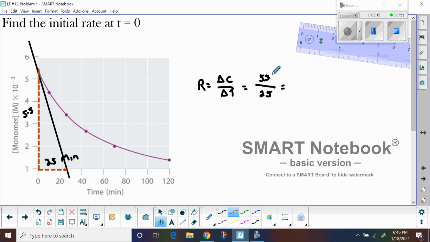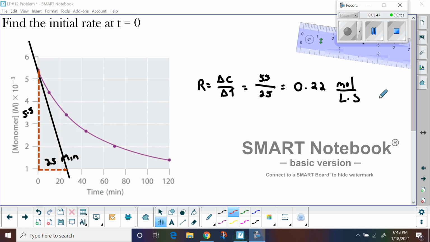It's mostly just because that's not the point I'm trying to get across. 5.5 divided by 25. I will have a rate of reaction to begin with of 0.22 moles per liter for every second. If we think back to the previous video, you'll see that that's going to be a lot faster than what we calculated the first time around.